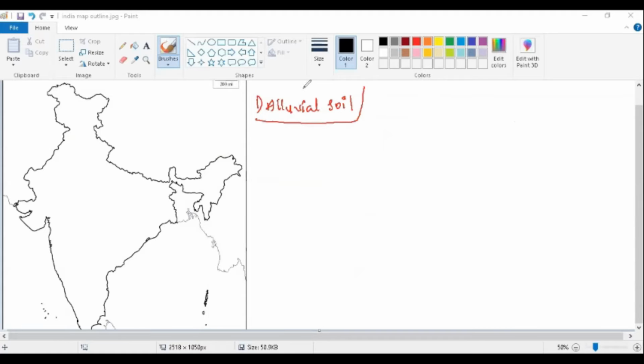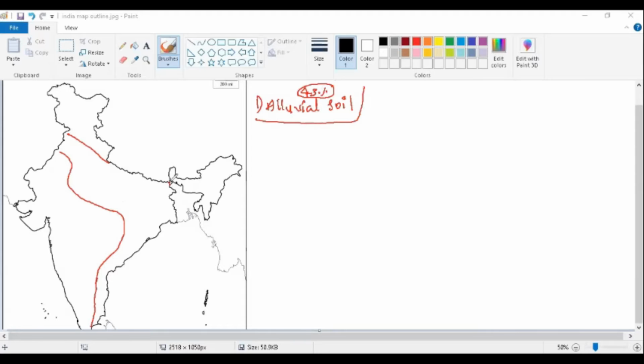First thing which I'll tell you is it is the most available soil in India, with about 43% proportion of soil. It is found in the Ganga-Brahmaputra plains, the coastal plains, and also the Punjab plains.